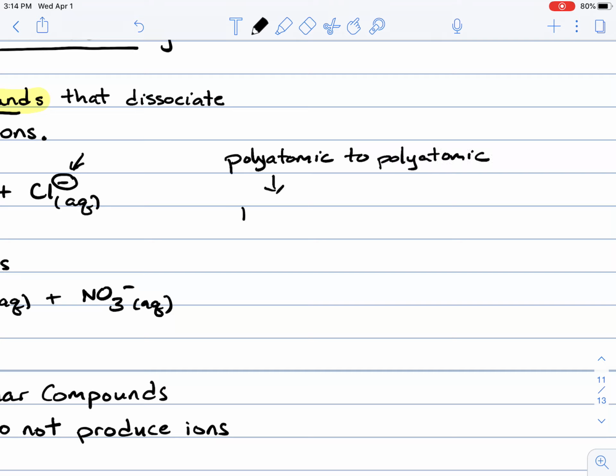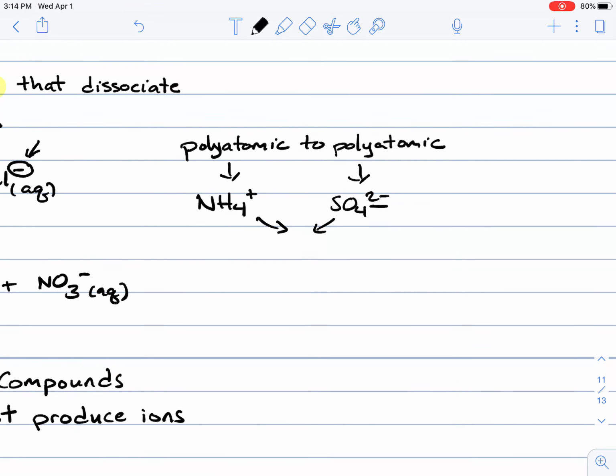For instance, if you have ammonium and let's say sulfate, and you put these two together, remember that ammonium has a positive charge and sulfate has a -2 charge. So you probably need double the amount of ammonium to balance the -2 charge in sulfate. So here you would have NH4 twice to SO4.